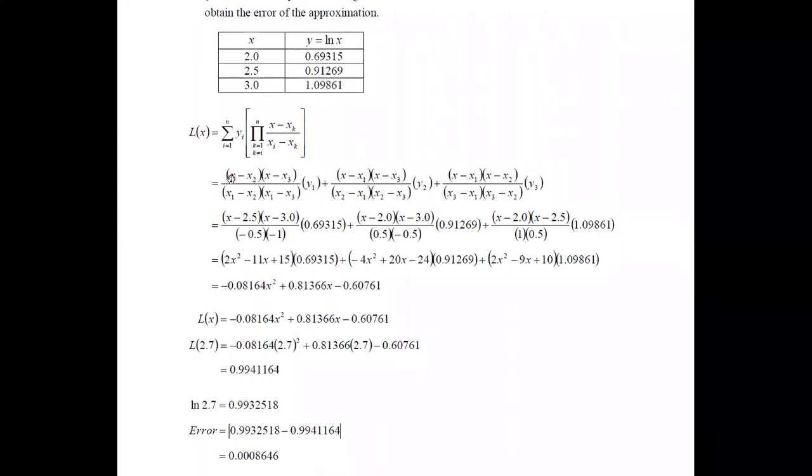If you identify the values in the table, these are the values of x and y that they have given us, and in these places you can say the values of i. Here i equals 1, 2 and 3, and since they ask us to obtain ln 2.7, the value of x would be equal to 2.7.